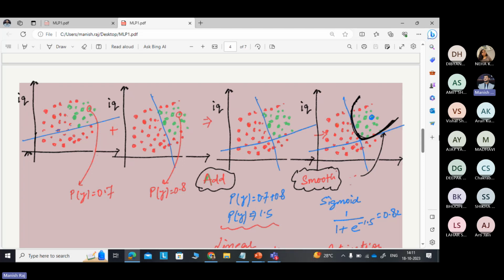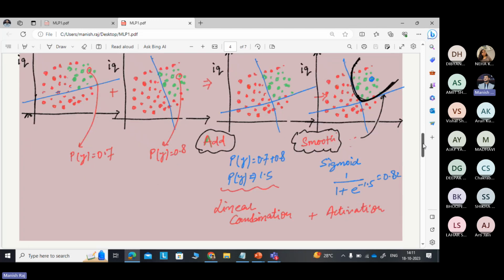So whatever value I get by adding, I put this value in the sigmoid function. So whatever I put in, it is somehow coming out as 0.82. So what is happening? You are adding something, and after that you are trying to make this type of curve.